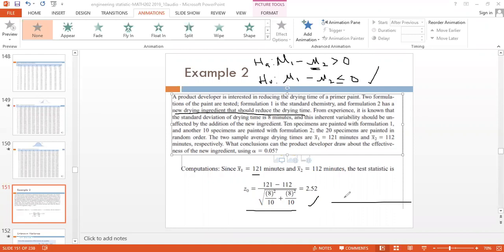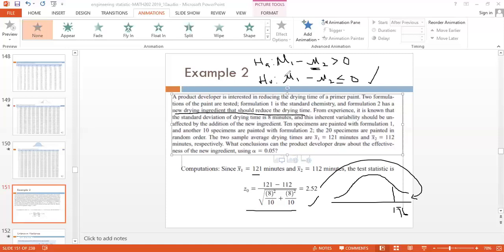Once you compute your statistic, the next thing is to find your critical value. Once again, we are dealing with a right tail test, which will still be 1.96, and the test statistic value lies on the right of 1.96. So we have evidence to reject the null claim.